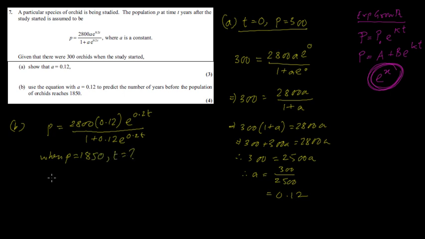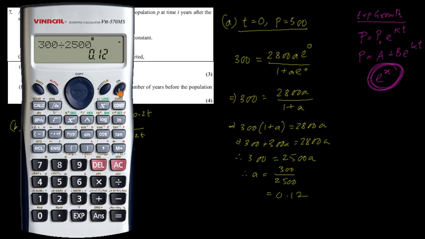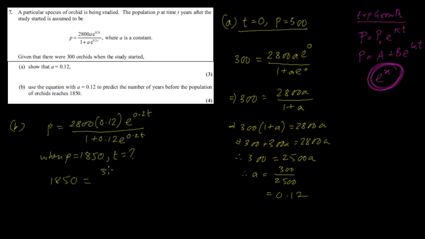So let's put the value 1850 equals to, now 2800 into 0.12 is going to be 336. So we can write here 336 e to the power 0.2t divided by 1 plus 0.12 e to the power 0.2t.